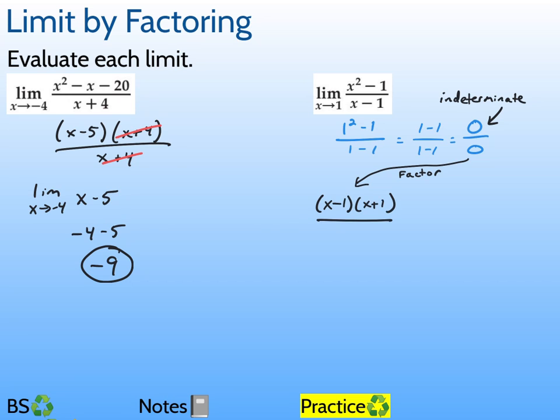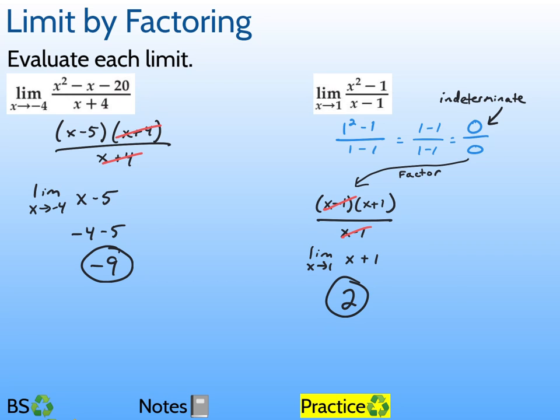And that's all over x minus 1. So clearly, we can just cancel out the x minus 1's. And really what we're looking for is the limit as x approaches 1 of x plus 1. So with that, we substitute, we get 1 plus 1. I think it's pretty clear that the limit here is 2.